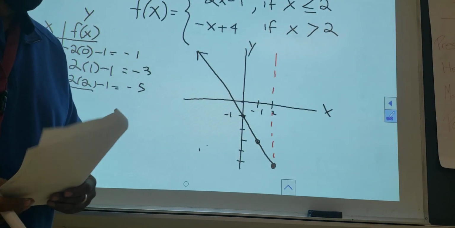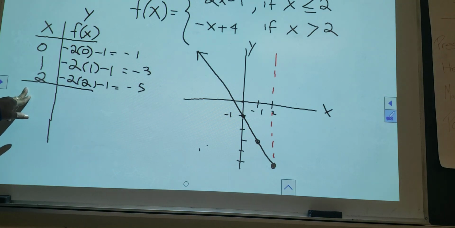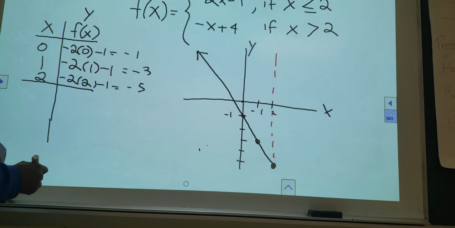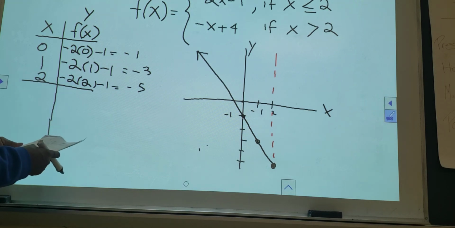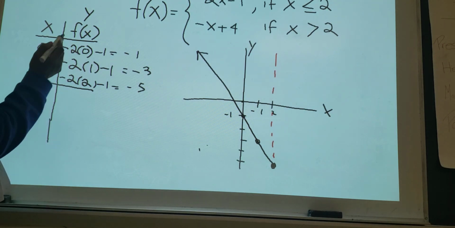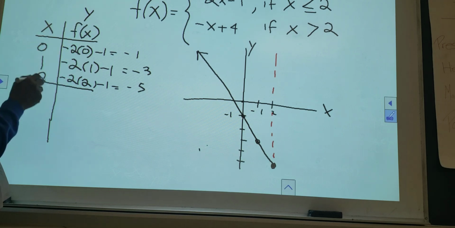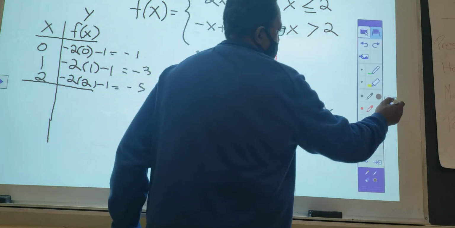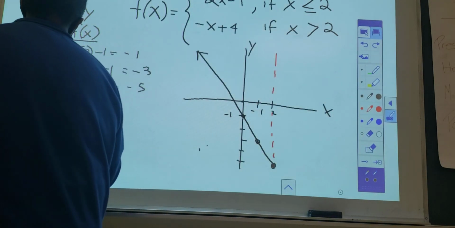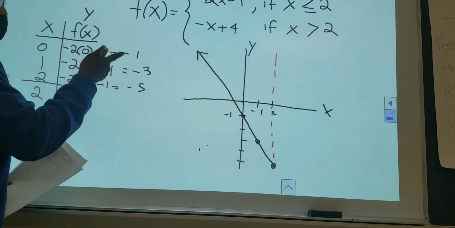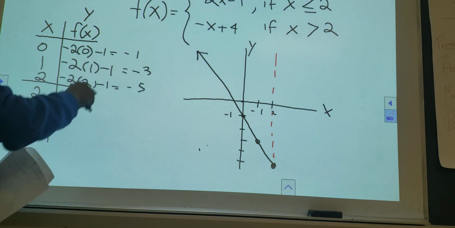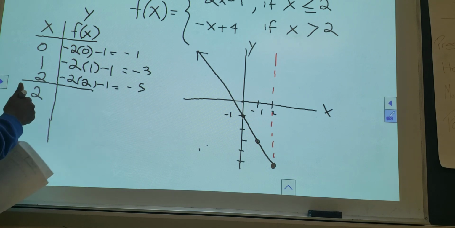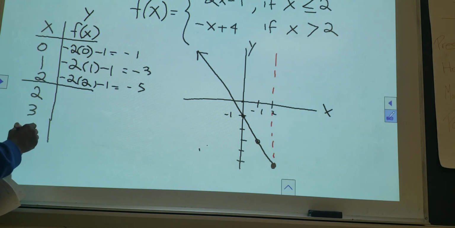Okay. All right. So let's graph that other function here. It says x is greater than 2. Now we can still include 2, but realize that it's not a part of the domain. You can leave it out, but we can still put it down. This is 2, 3, and 4.